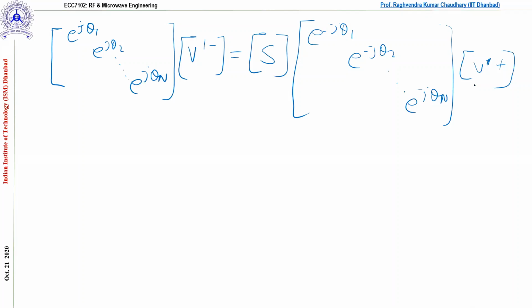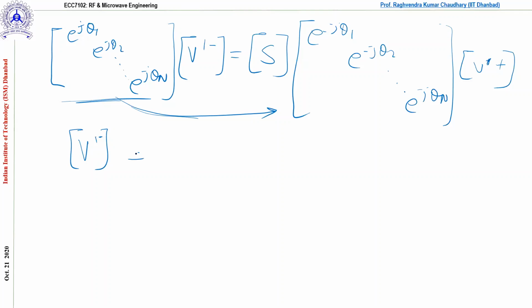Okay. Now we can rearrange, and overall we can write V dash minus, and this matrix we are taking at the right hand side.